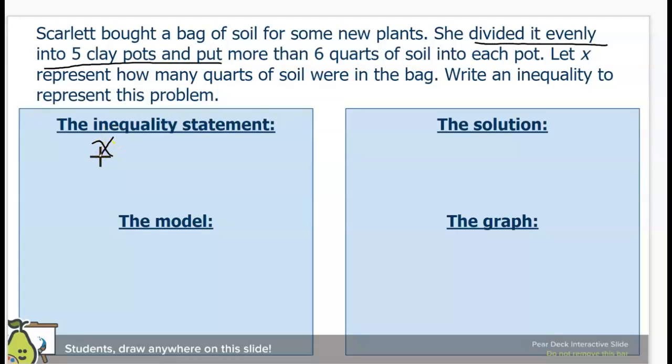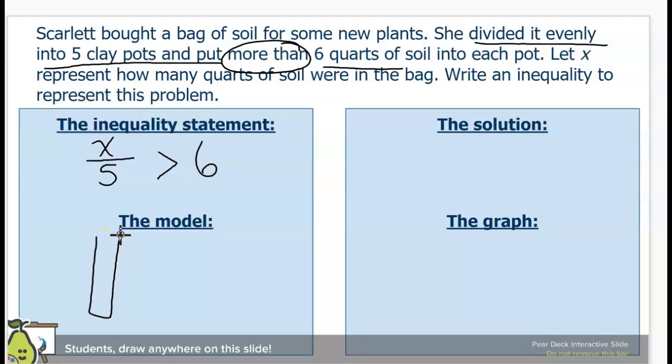She divided it evenly into 5 pots, so she divided it by 5, because that's what it says. And more than 6 in each pot. So it's going to be greater than 6, because more than 6 tells us that it's greater than. And so then it says, let x represent how many quarts of soil were in the bag in the first place. Write an inequality to represent this problem. Okay, so now we have x.